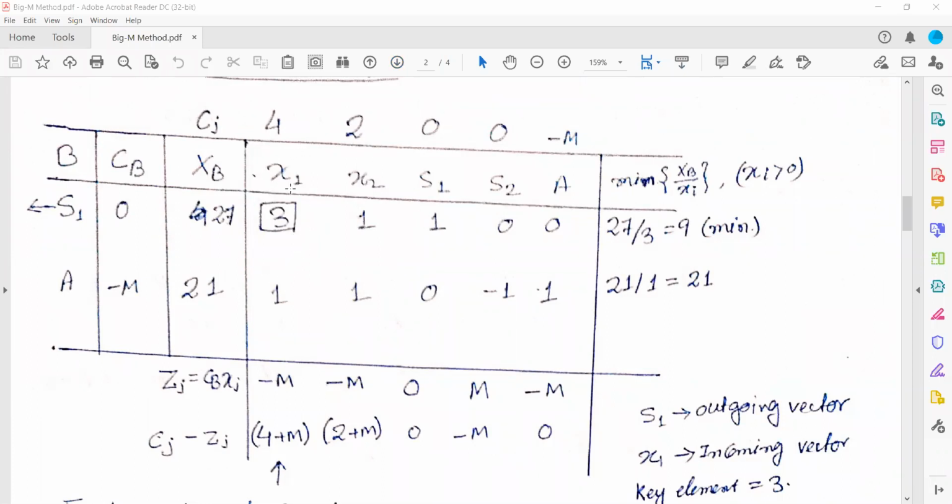Now, once you have identified the incoming vector, the outgoing vector and the key element, then in the next step, while writing the simplex table, what process will we follow?